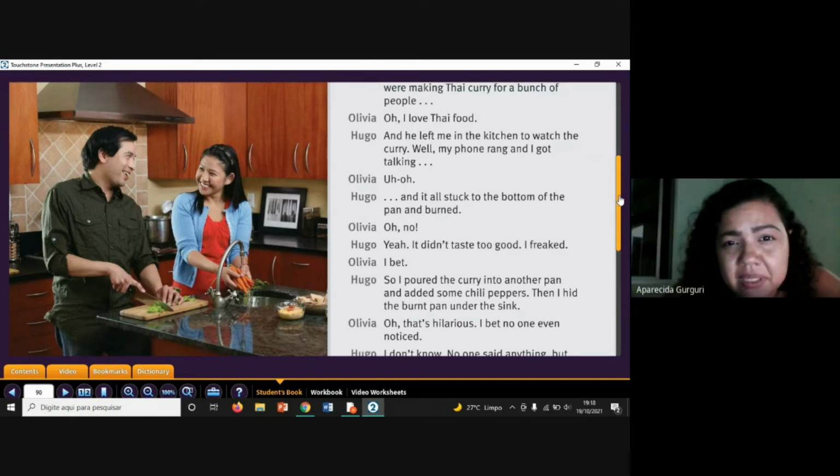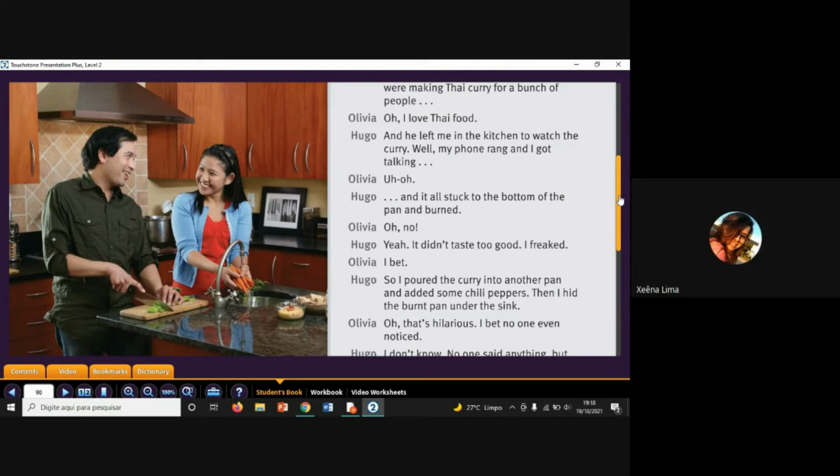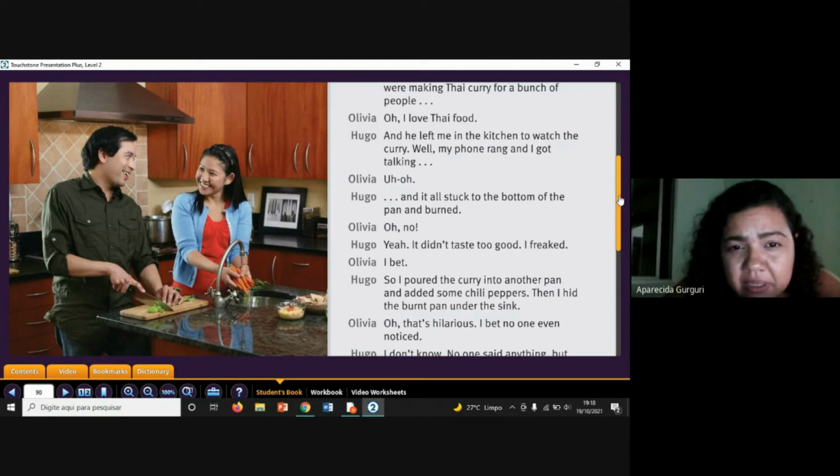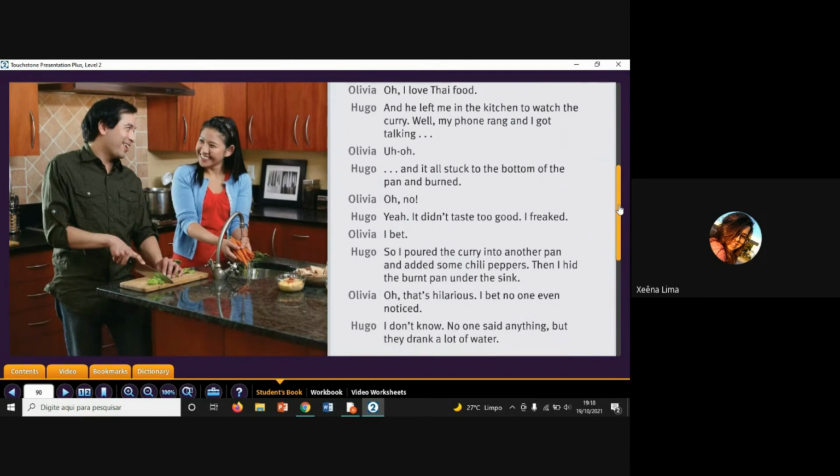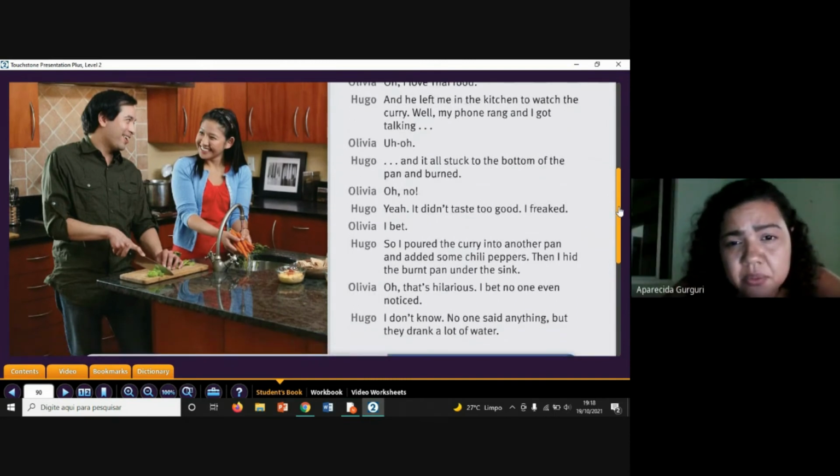And he left me in the kitchen to watch the curry. Well, my phone rang and I got talking. Mm-hmm. Uh-oh. And it all stuck to the bottom of the pan and burned. Yeah. Oh no. Yeah, it didn't taste too good.